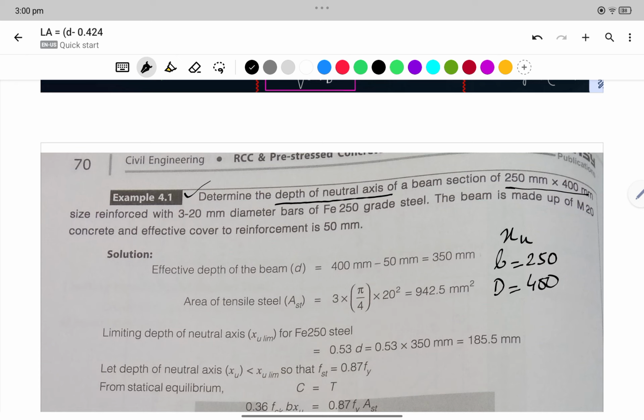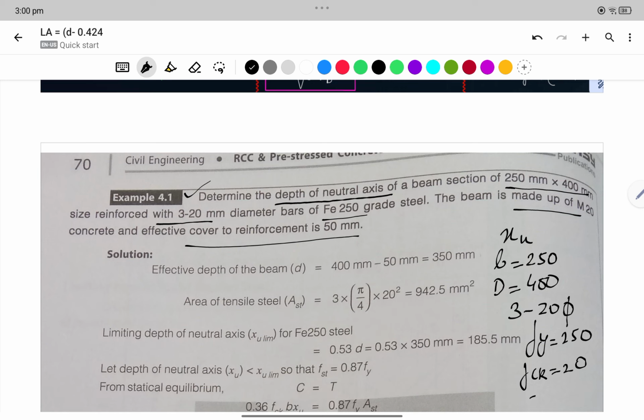Okay, the size of reinforcement given is 3 bars of 20 dia. Fe 250 means Fy is given as 250, and made up of M20 means fck is given as 20, and effective cover is 50, meaning d naught is given as 50 mm.